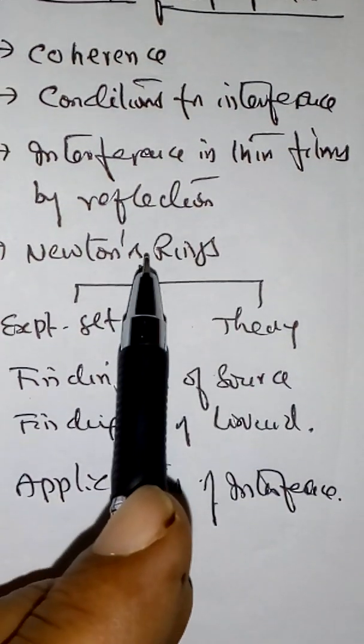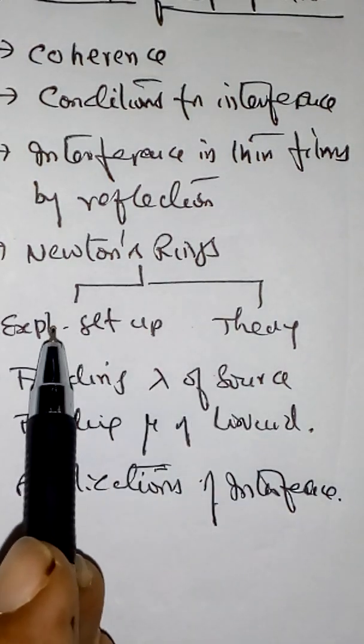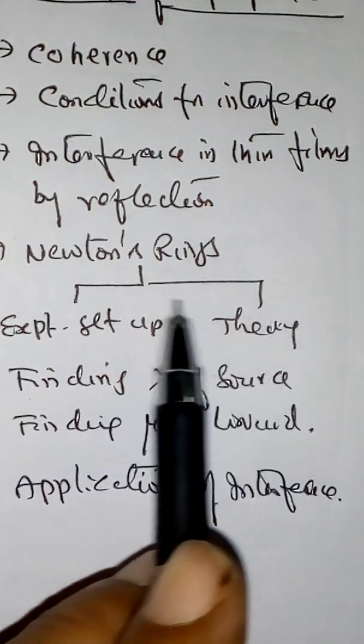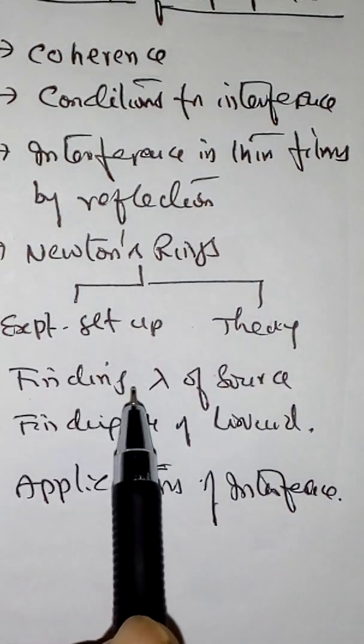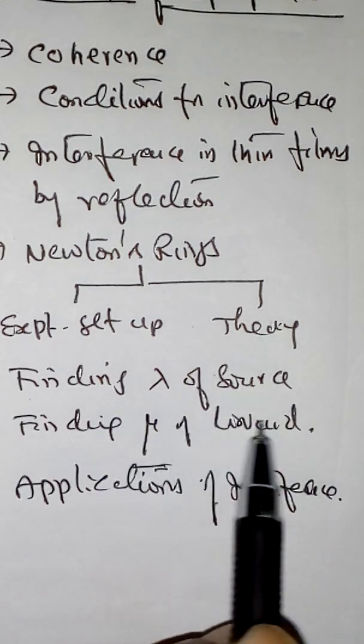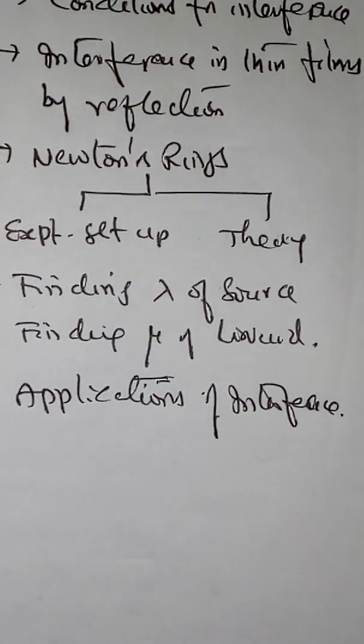Then we have gone for understanding Newton's rings. Under Newton's rings, we looked at the experimental setup and the theory involved. With that, we looked at how to find the wavelength of a given source and also how to find the refractive index of a given liquid. And thereafter, we discussed the applications of interference.